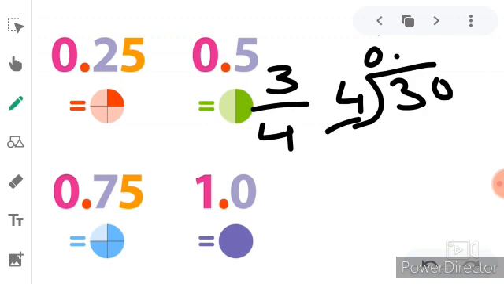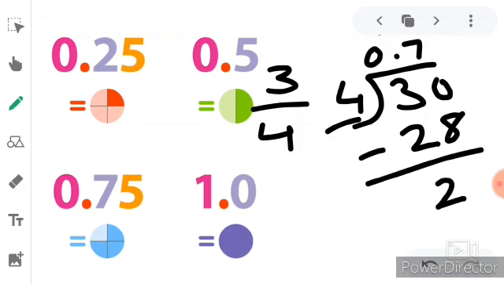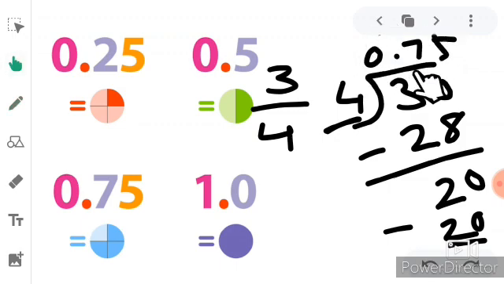We can't read up to 30, but we can read up to 28. 4 sevens are 28. Remainder 2. Again 0. Read the table of 4 up to 20. 4 fives are 20. Now subtract, 20 minus 20 is 0. So our answer is 0.75.